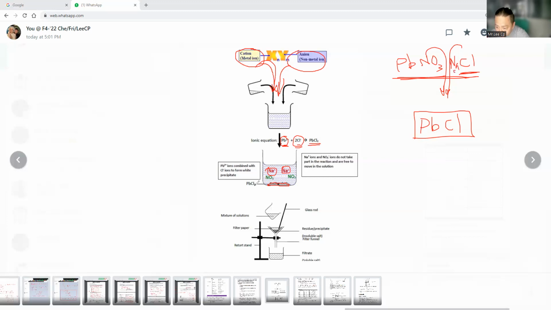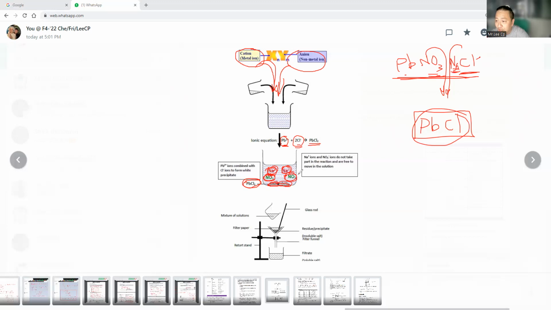Na and NO3 are left here, so they are not forming any precipitation. But the Pb and Cl already formed the precipitate.